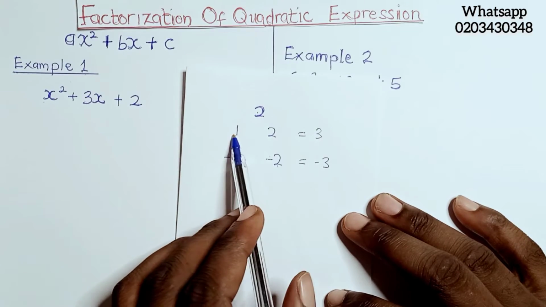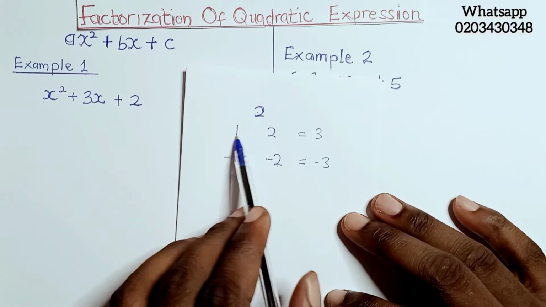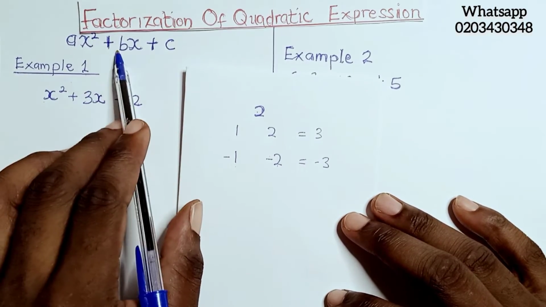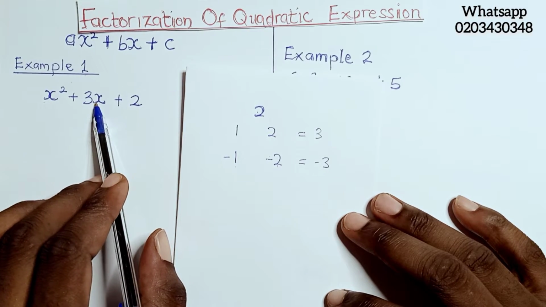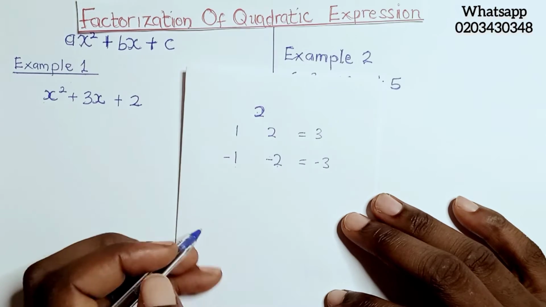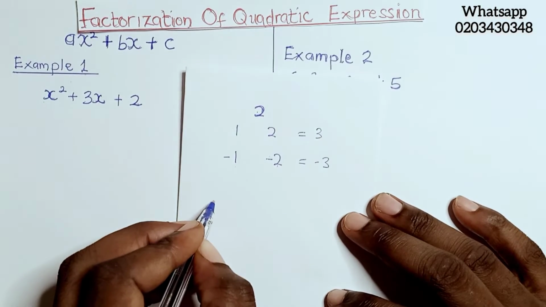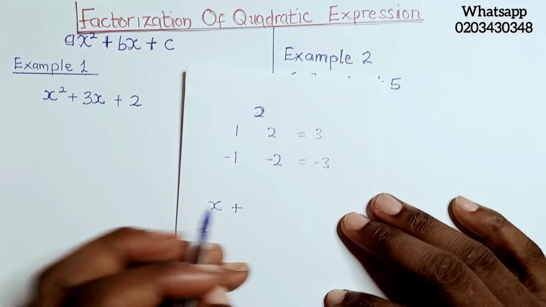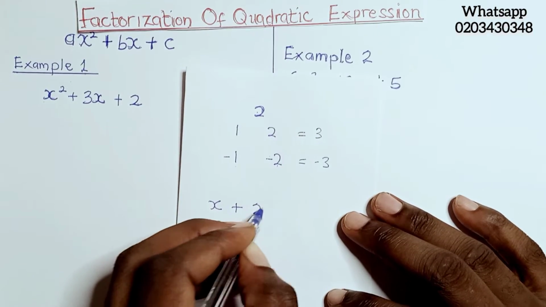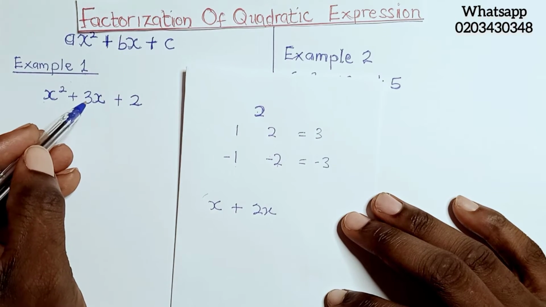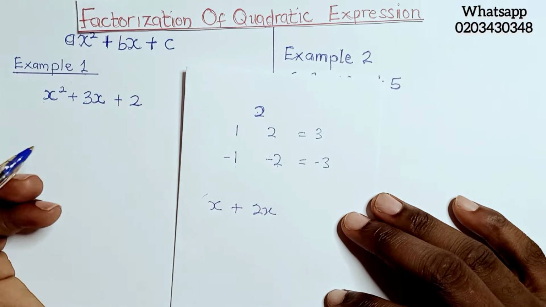So when you are able to get the factors of 2 that, when you add, give you the term for the b, or the coefficient of x, then you take those two terms and multiply each by x. So 1 times x gives us x, plus 2 times x gives us 2x. Now we'll use this to replace the 3x here.